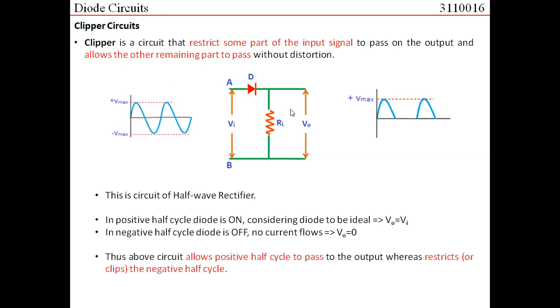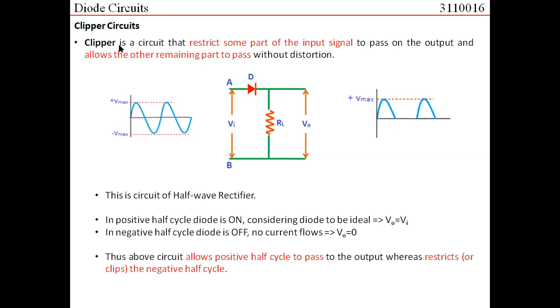So now, if we try to see this in context with clippers that we have defined, what does this circuit do? This circuit allows the positive half cycle, that is one portion of the input signal, to be available at the output without any distortion. Whereas it restricts another portion of the signal, which in this case is the negative half cycle. Yes.